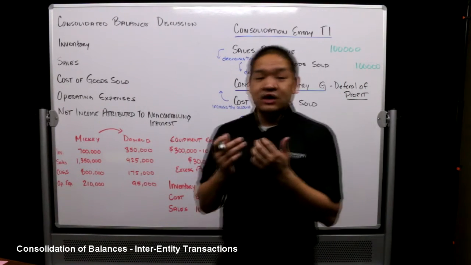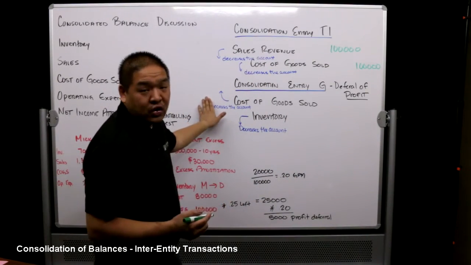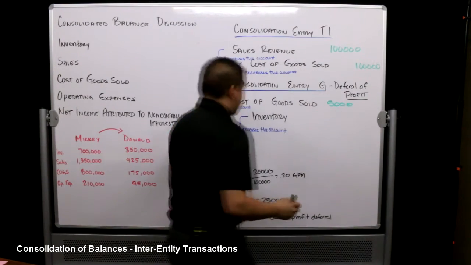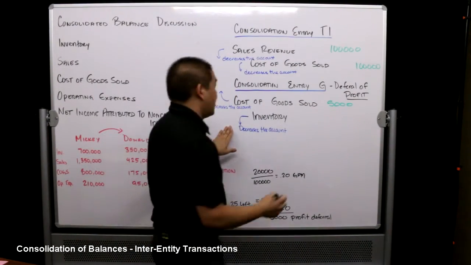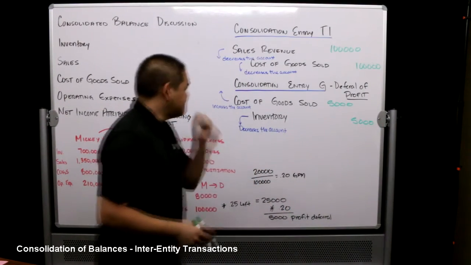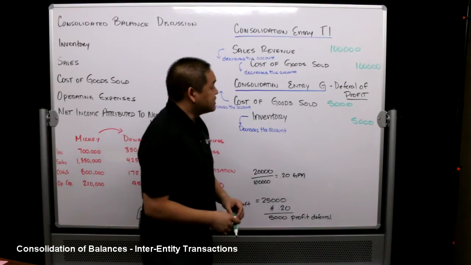So Consolidation Entry G tells us that we will debit cost of goods sold for $5,000, and we will credit inventory for $5,000. Now you might say, why are we increasing cost of goods sold by $5,000?